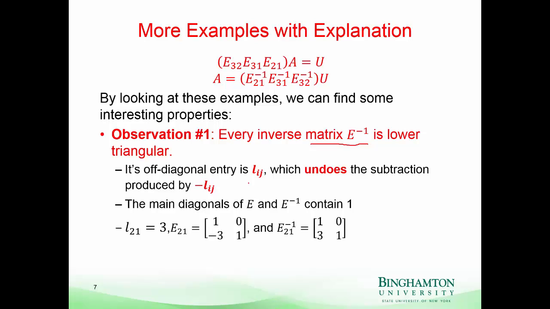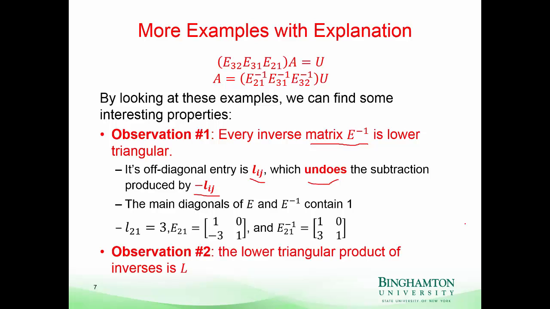Its off-diagonal entry is Lij, and that just undoes the subtraction produced by E. And also the main diagonals of these all contain ones, for both E and the E inverses. So it's very easy to figure out what these things look like.